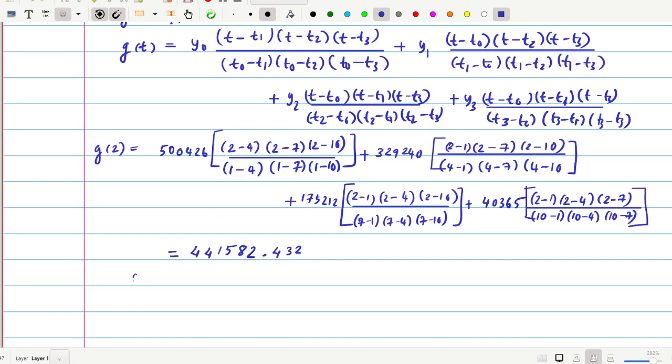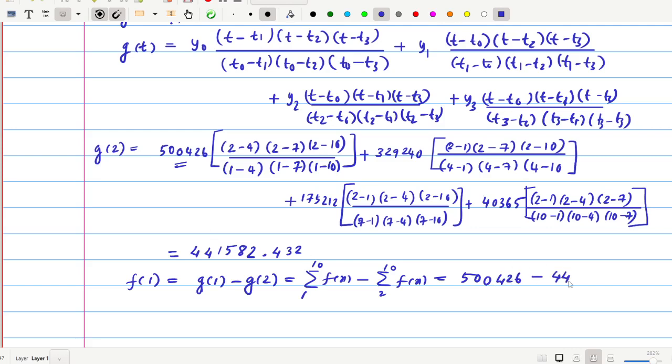Now we can write what is f of 1. F of 1 is g of 1 minus g of 2. What is g of 1? G of 1 is the summation 1 to 10 of f of x minus the summation 2 to 10 of f of x. G of 1 is given, that is 500426, minus g of 2, which is 441582.432.